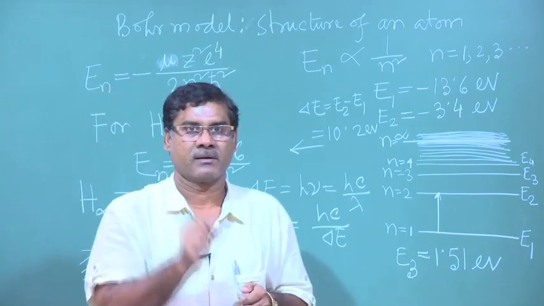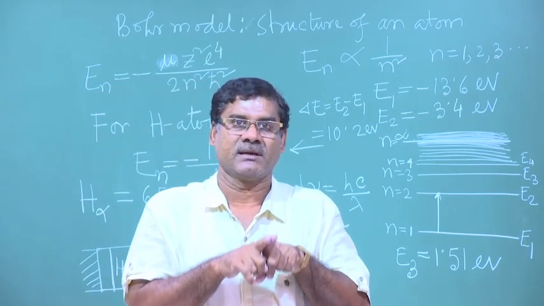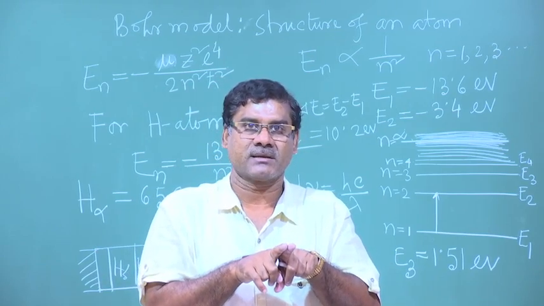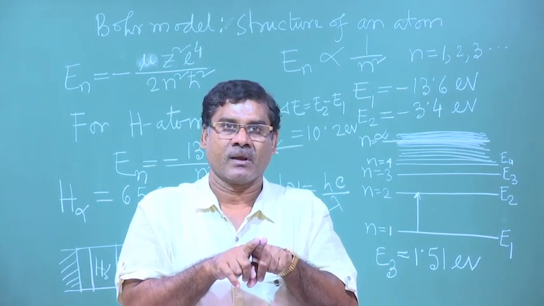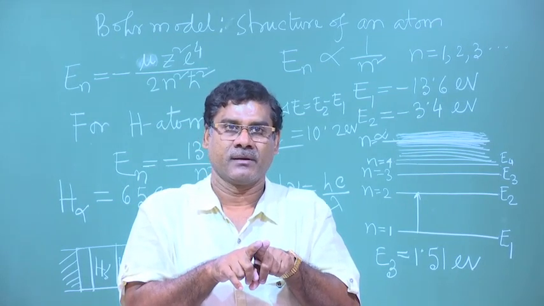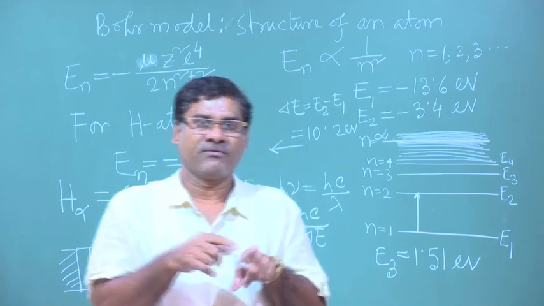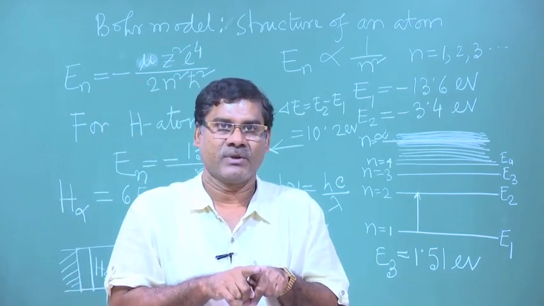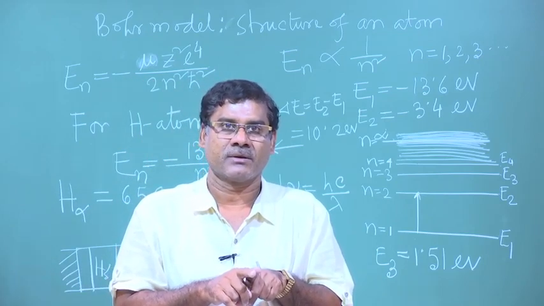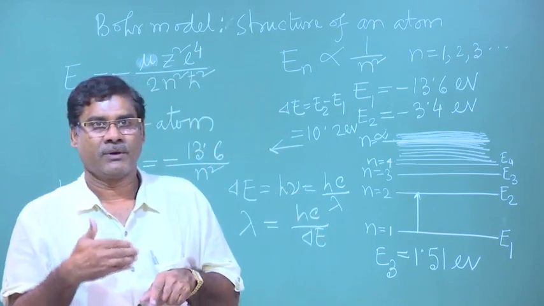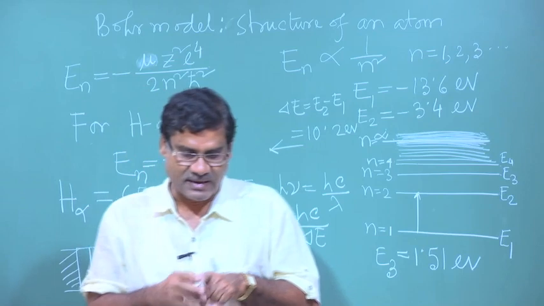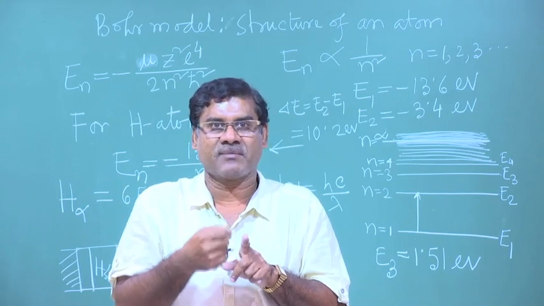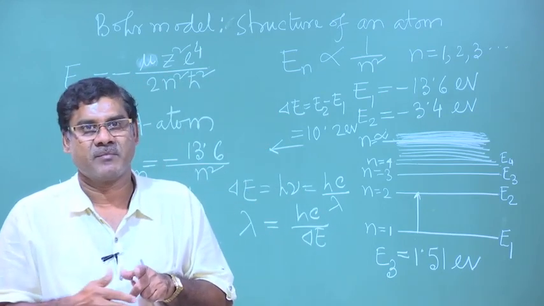Resolution is how to resolve, how to separate two close spectral lines whose wavelengths are very close, with very small separation. The smaller the separation that can be resolved, the better the resolution of the instrument.